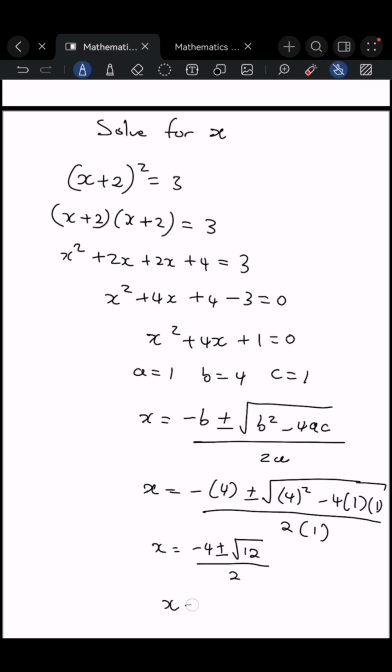We further simplify: the square root of 12 becomes 2 root 3, which is minus 4 plus or minus 2 root 3 divided by 2. Therefore, x is equal to minus 2 plus or minus root 3.